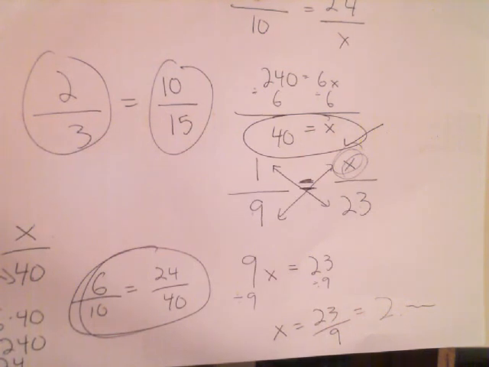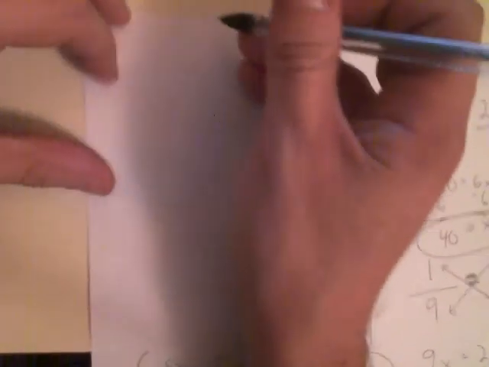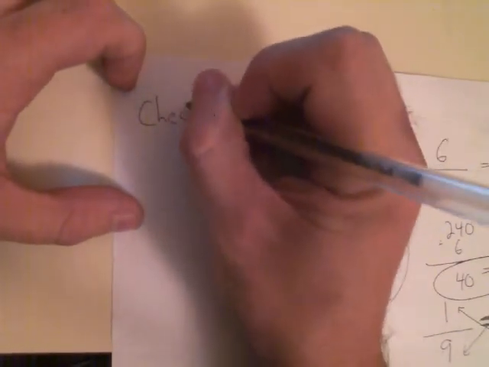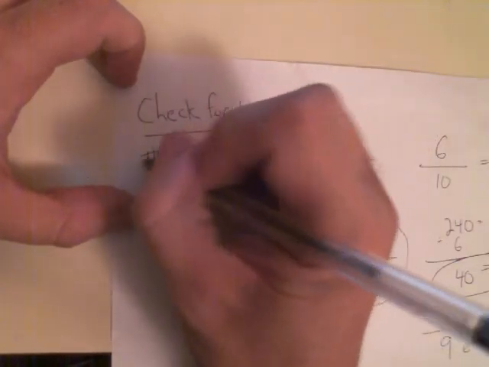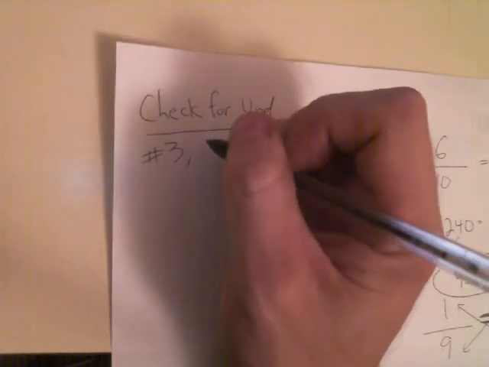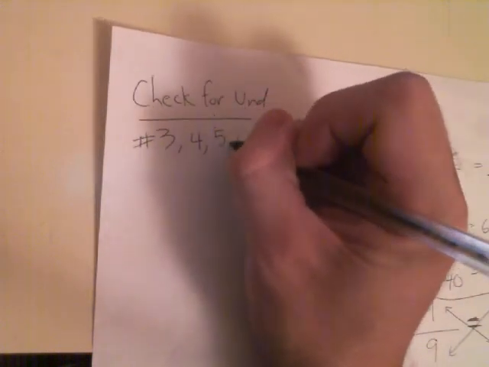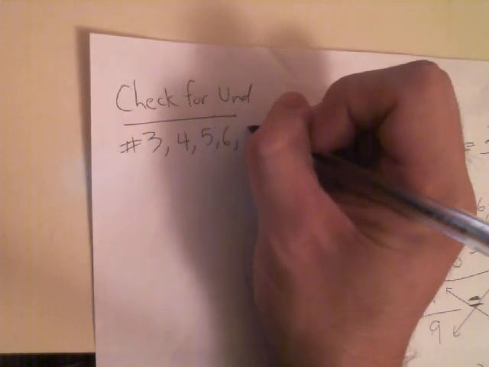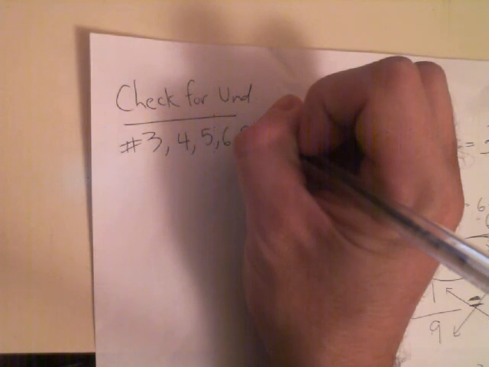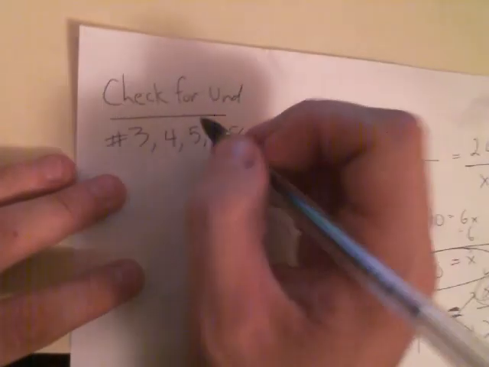I'd like you to do check for understanding, number 3, number 4, number 5, number 6, number 8, and that's it. I want you to do those 5 problems for Wednesday.